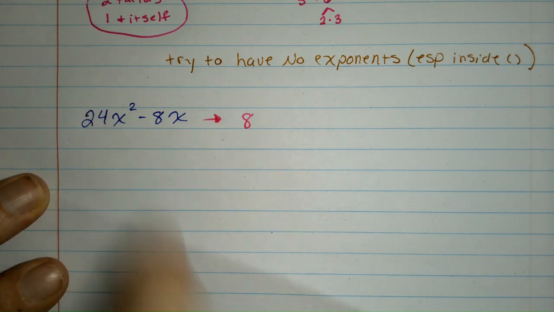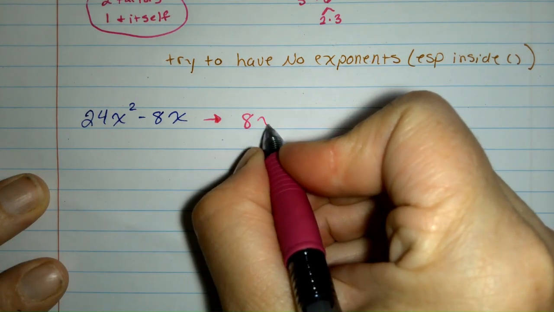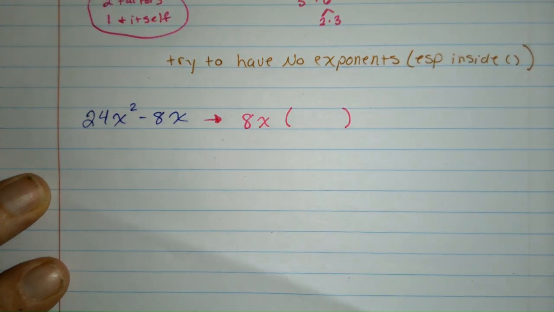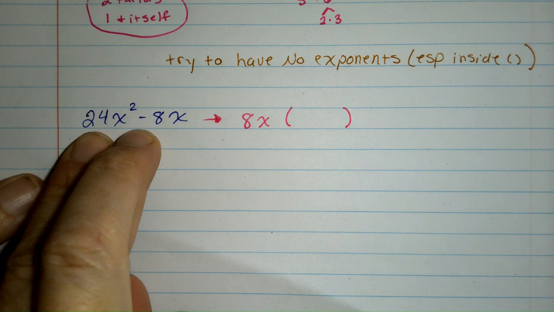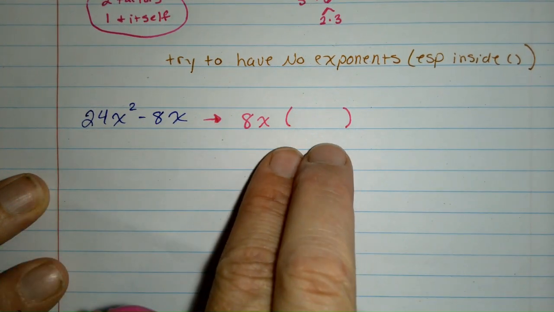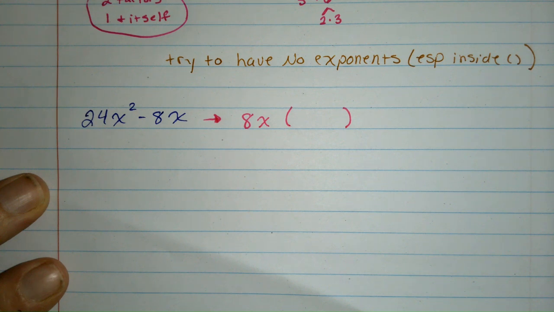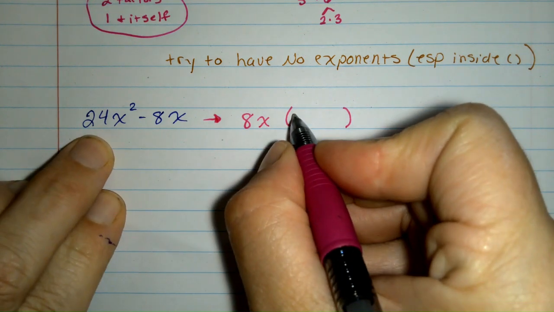Because they both have a variable x, they also have that as part of their GCF. And then we're ready to reverse that distribution process. Remember, this is the answer to a distribution problem, and we're just going backwards. That's all factoring is, reversing that multiplying process. So 8 times what is 24?